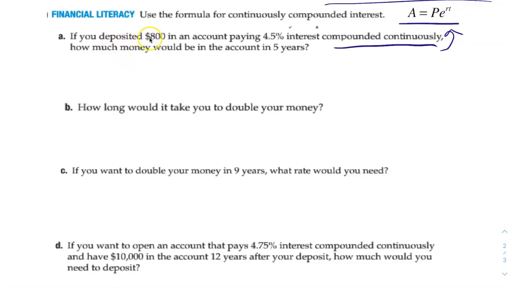So we have all this. We have the deposit amount, or P. We have our rate, R here. We've got to make sure it's 0.045. And then we have our time. How much would it be in 5 years? So T. All you have to do is plug it in. 800 e to the 5 times 0.045 equals, and then you just get your calculator for that.